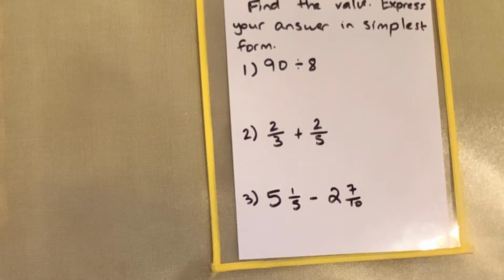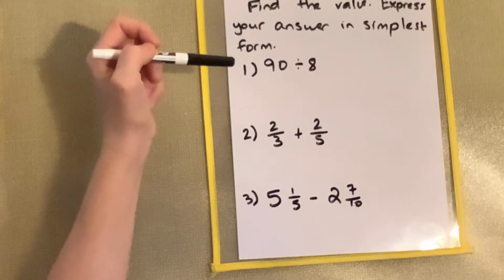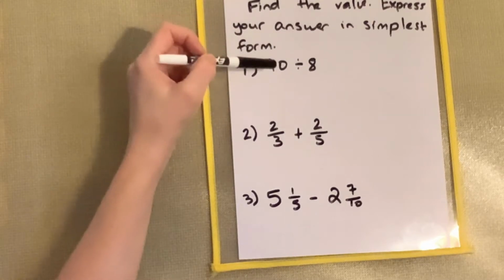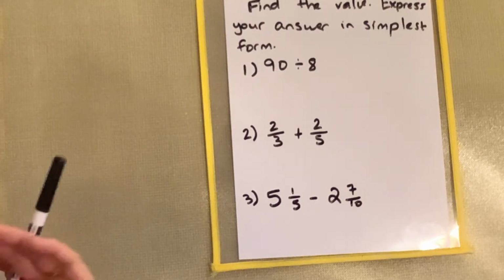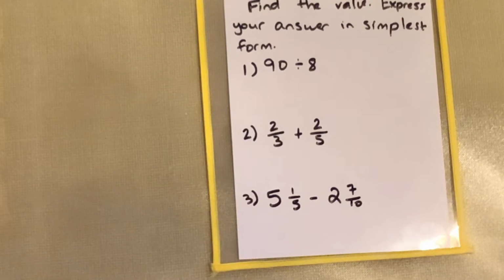If you're talking about simplest form, that means fractions. So you need to express your remainder of a division problem as a fraction. The remainder is a fraction over the divisor. At this point, go ahead and pause and then come back and see how you did.